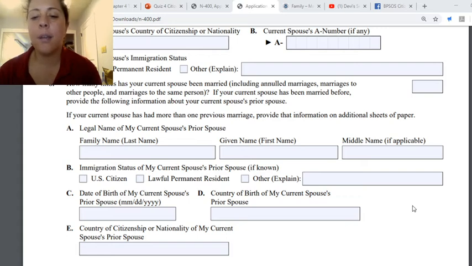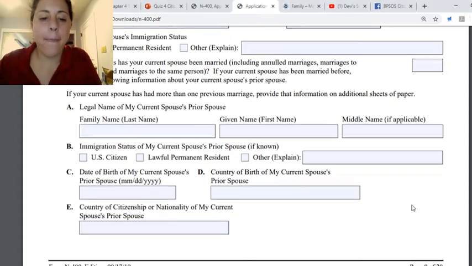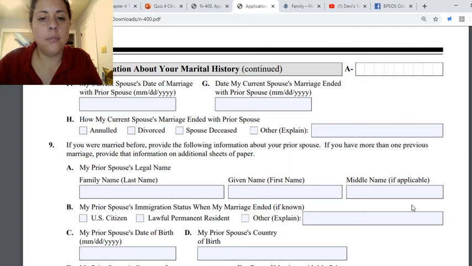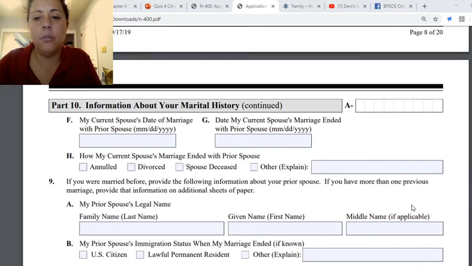If they do not have a prior marriage before you, you do not need to fill this out. If there was no marriage before yours, then you skip all of this. If there was, then you need to fill this out.